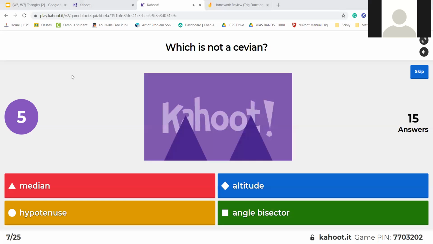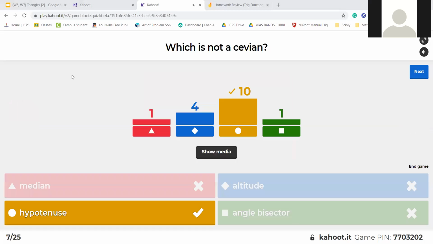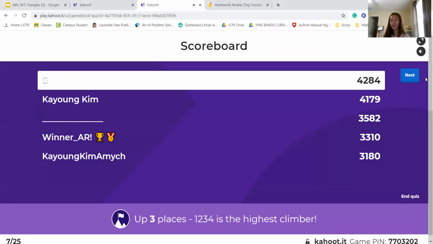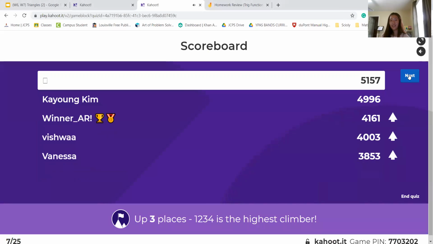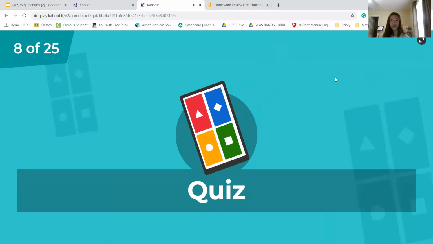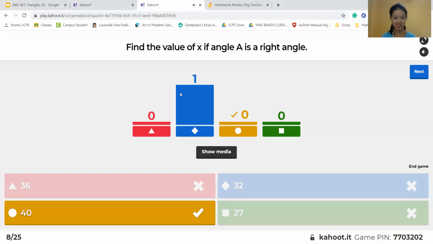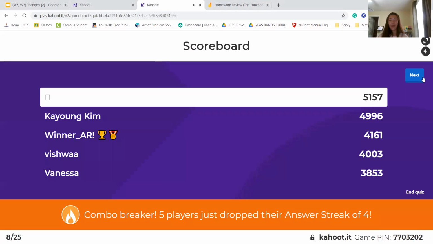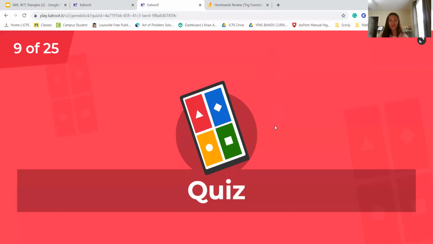Bro, it's green. Yeah. Hypotenuse, that's not a Cevian. Oh, some change. It froze. Can't even see the question right now. Just says quiz. Oh, I skipped it because we don't really have time. So okay. I may or may not skip sometime.